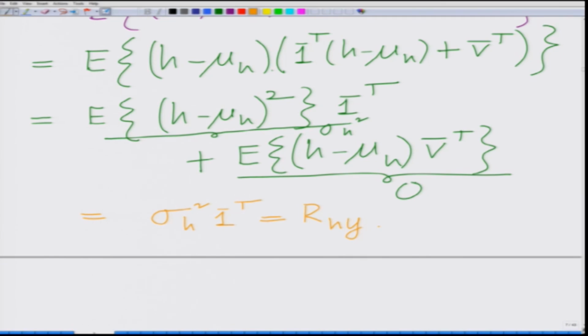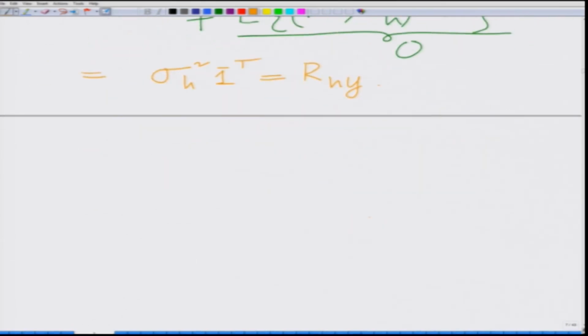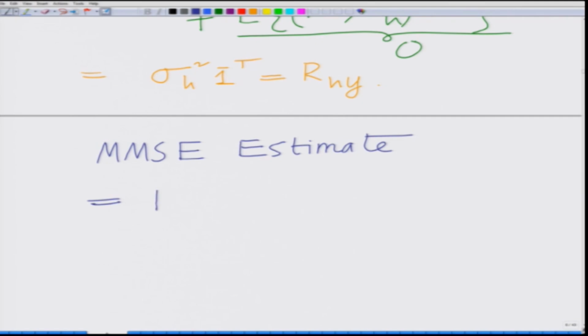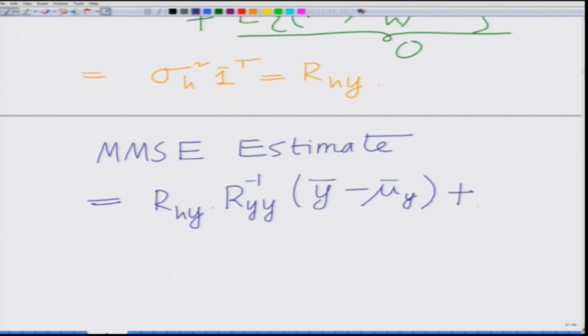And therefore, now the MMSE estimate. Remember, now we have R_hy and R_yy. The MMSE estimate is given as, recall, R_hy, the cross covariance, times R_yy inverse times (y bar minus mu bar y) plus mu h.